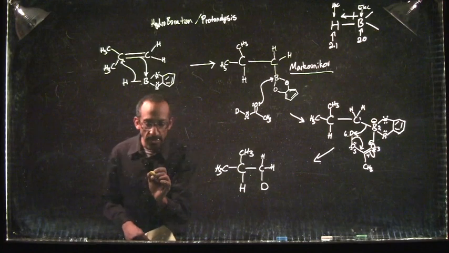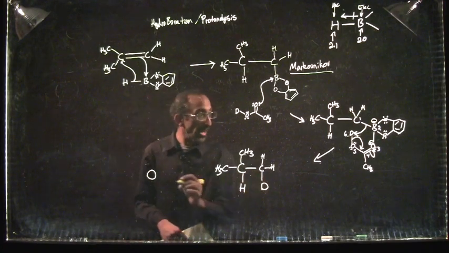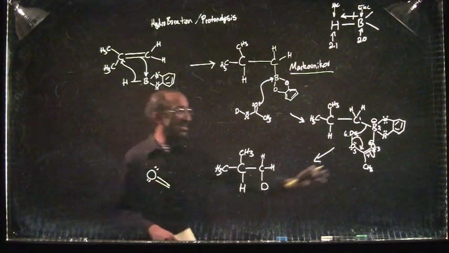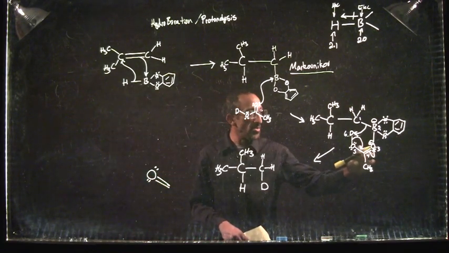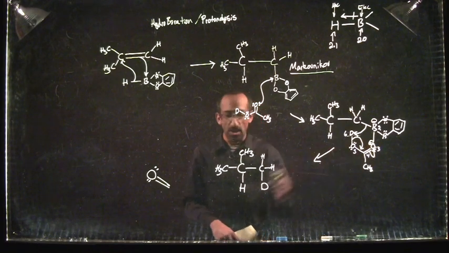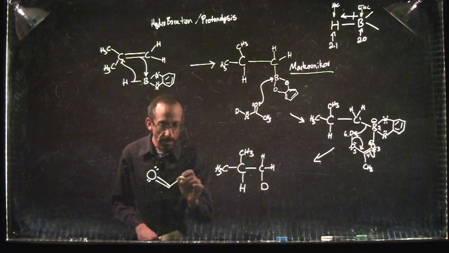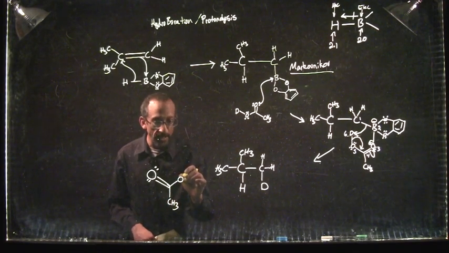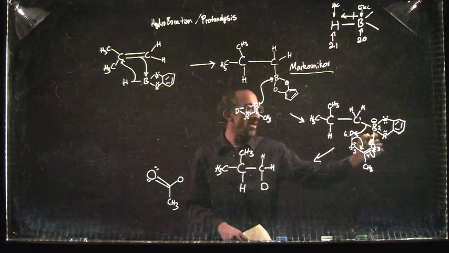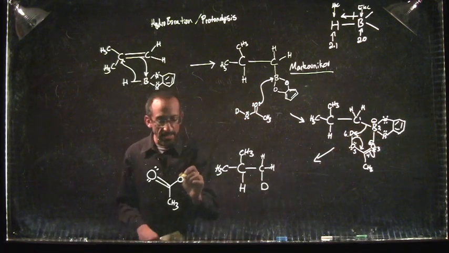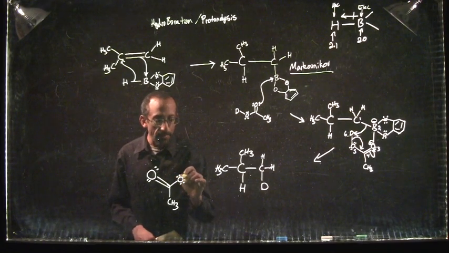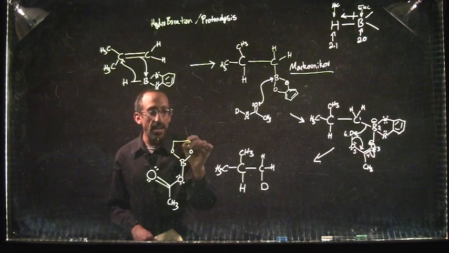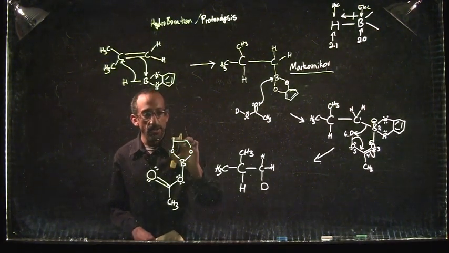So I'm going to draw this over here. Here's that oxygen, right? And now I've made a double bond to this carbon atom. I break a bond between 4 and 3, and I put those electrons onto the atom labeled 3. And that methyl group just stays where it is. Here now, I've done nothing to my bond between 3 and 2, so that's going to stay the same. And everything else in this catechol borane has not changed.